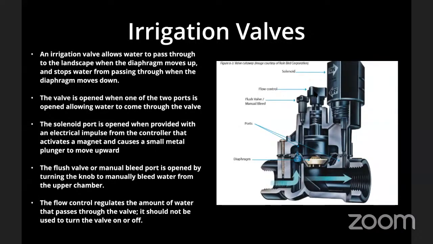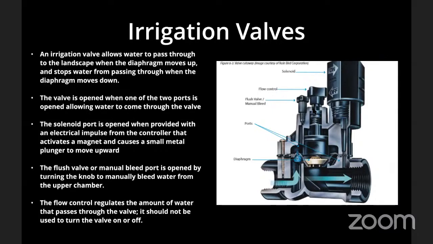The middle size knob, usually directly on top, is the flow control. In general, you don't need to mess with that. But if for some reason the flow seems restricted, it can be opened up more. Or occasionally you'll get into a situation where the valve isn't shutting down properly, and sometimes that's because the flow control is open too much, and you might need to tighten it down some.